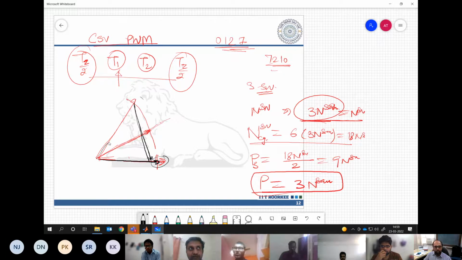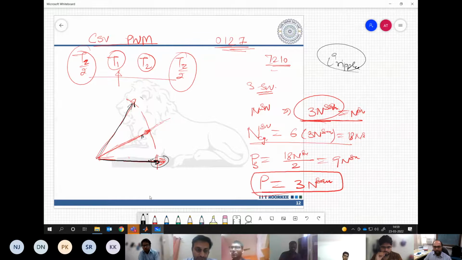Tomorrow we will have the discussion on current ripple in this space vector domain, then perhaps this point will be clear. Let us defer this point until tomorrow: why this is better, why this is not better, we will see tomorrow.